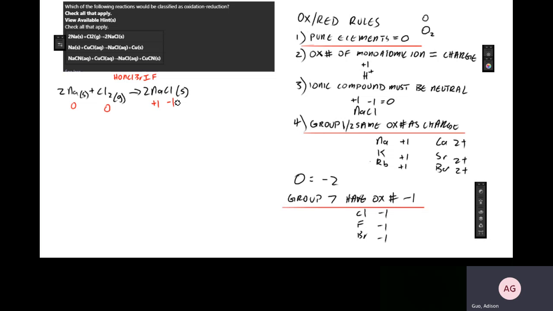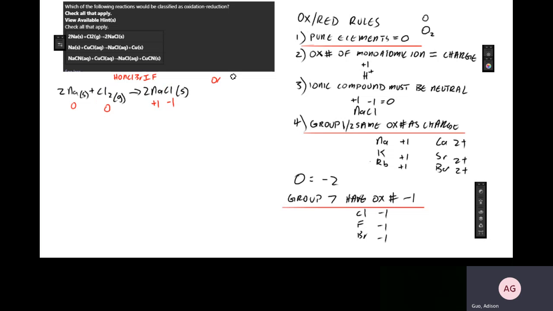So you can see that sodium went from 0 to +1. And the Cl went 0 to -1.